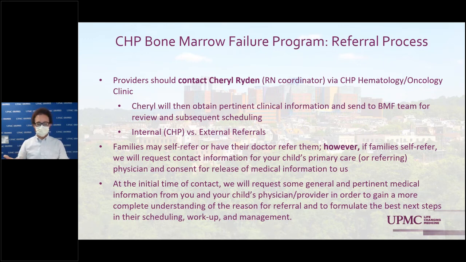Families can self-refer, but if that is the case, then we will likely ask for contact information for your primary provider or referring provider to help get more pertinent information to help with that triage process.